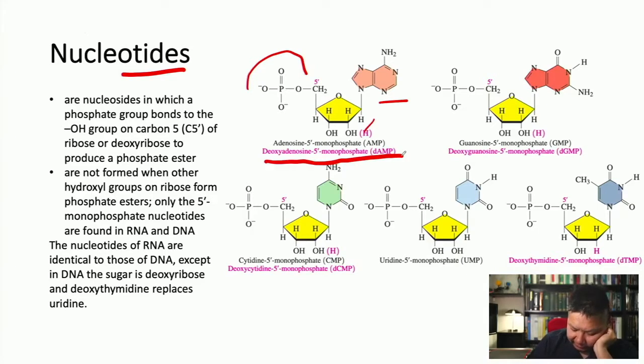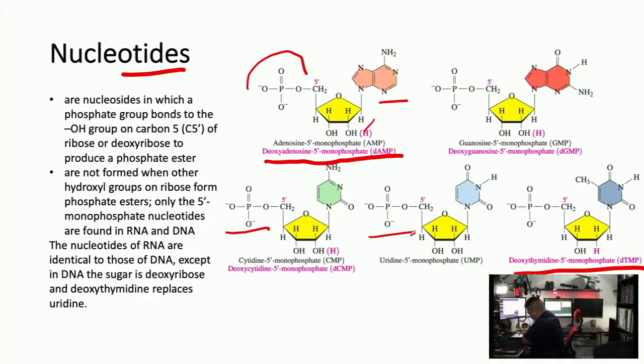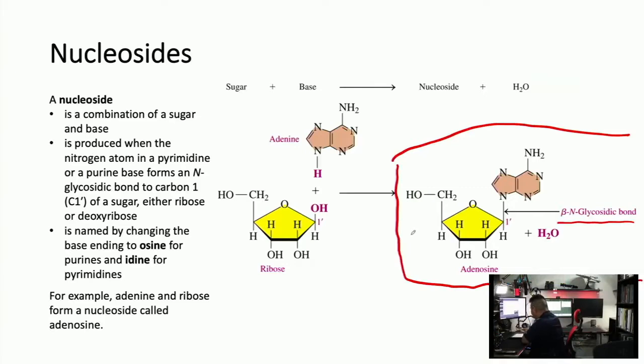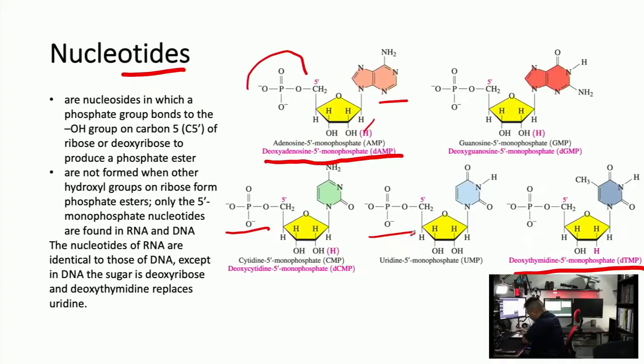Or cytidine monophosphate, uridine monophosphate, and deoxythymidine monophosphate, right? So that's the thing I want you to remember, is that the difference between a nucleoside, right, nucleoside, and a nucleotide is that a nucleotide has the phosphate group attached, whereas the nucleoside does not. It's just the pentose sugar and the nitrogenous base, right?